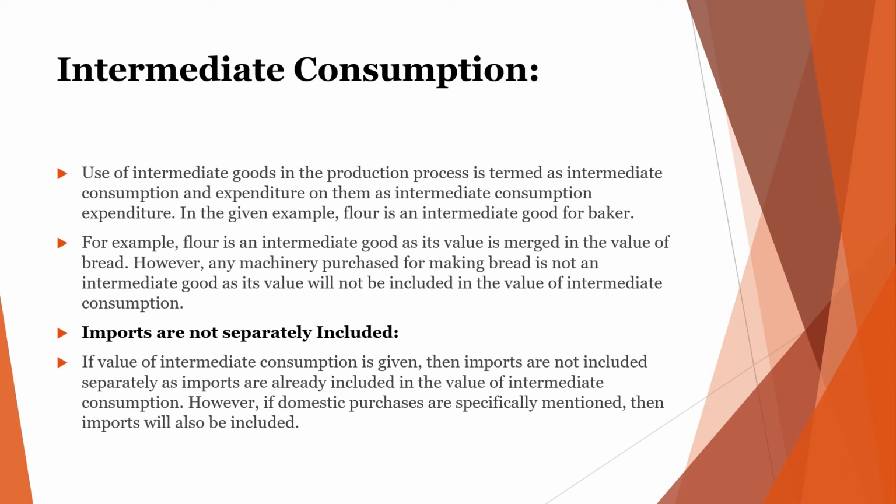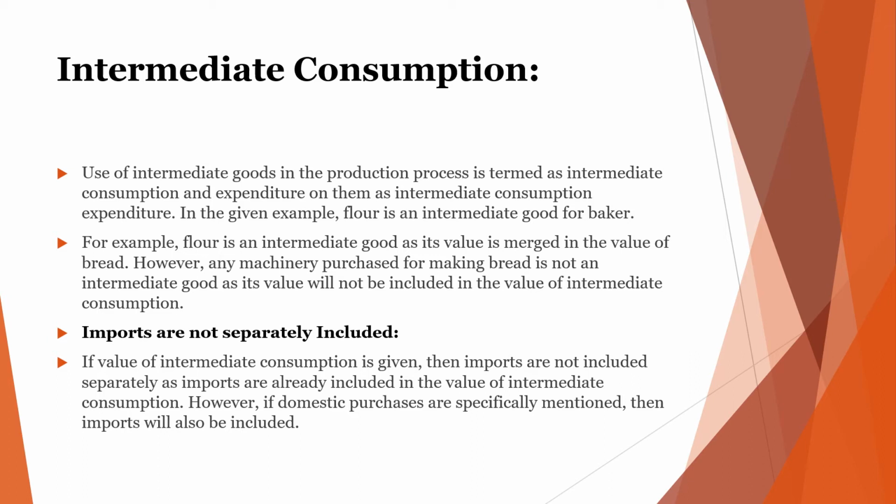However, any machinery purchased for making bread is not an intermediate good because it is a final good and a fixed asset. When a fixed asset is purchased by the producer, it will be treated as a final good. But if it is purchased in the form of raw material by the producer, that will be known as an intermediate good.